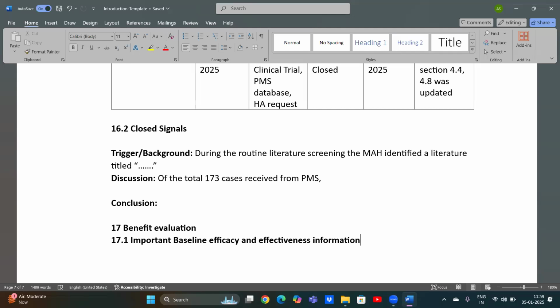Yes. You will talk about only the approved indication. No unapproved indication literatures will go here. Strictly, always remember, that this section is for only approved indication. Any doubt, people? No, sir.